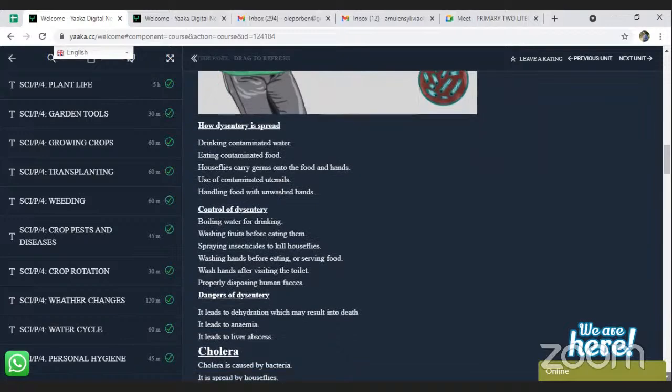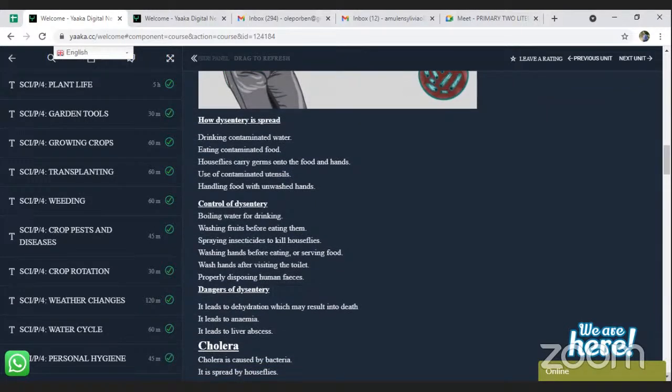Control of dysentery: boiling water for drinking, washing fruits before eating them, spraying insecticides to kill houseflies, washing hands before eating or serving food, washing hands after visiting the toilet, properly disposing human feces. Dangers of dysentery: it leads to dehydration which may result in death. It leads to anemia. It leads to liver abscess.